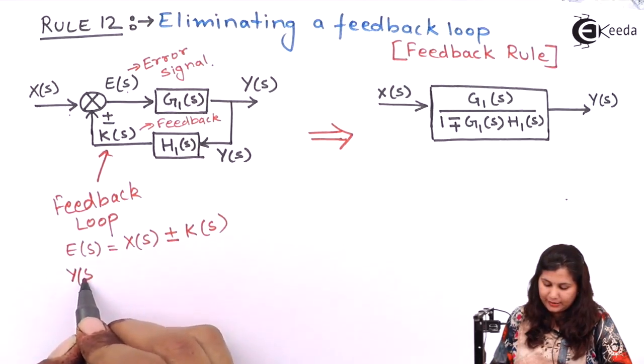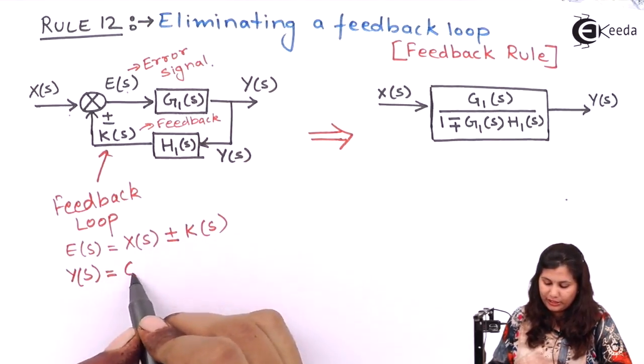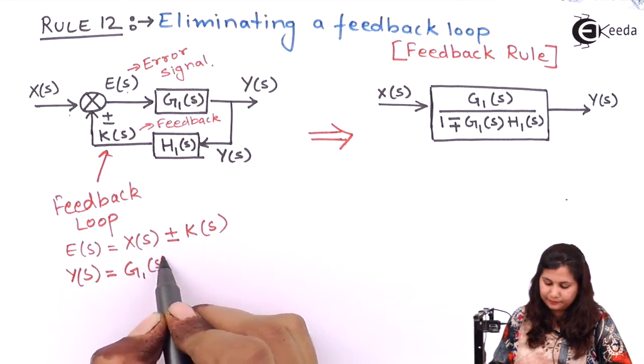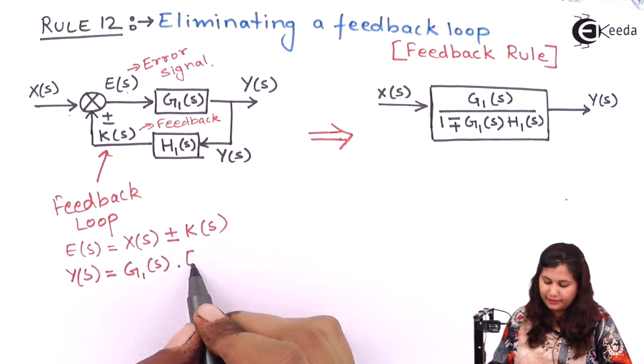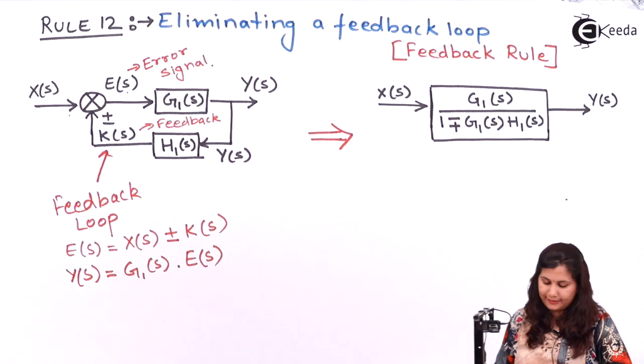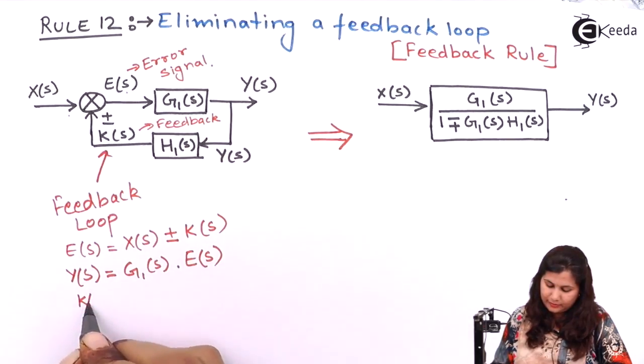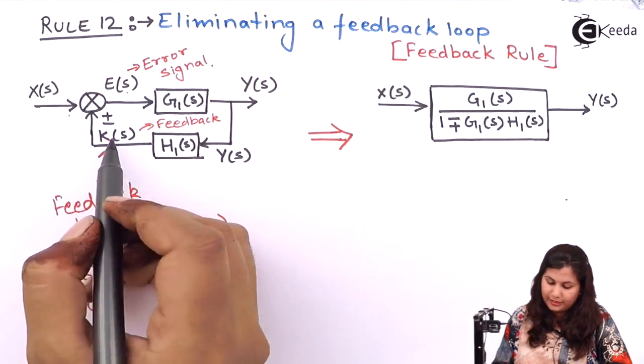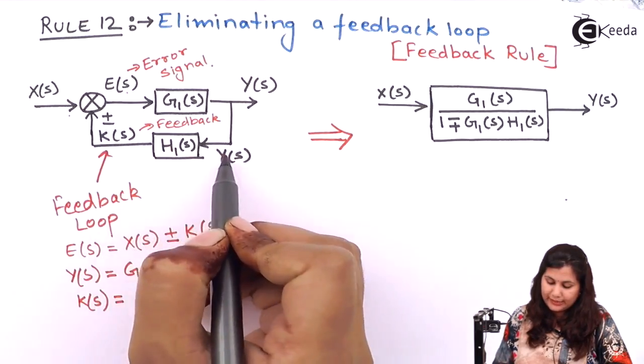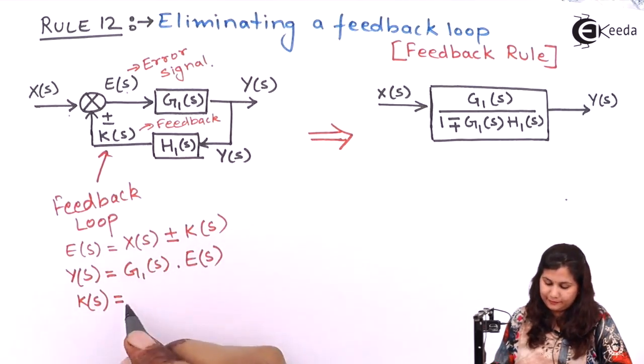So Ys is equal to G1s multiplied with the error signal Es. Now this Ks, which is the feedback signal, is equal to H1s multiplied with Ys.